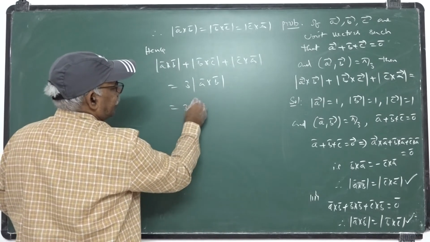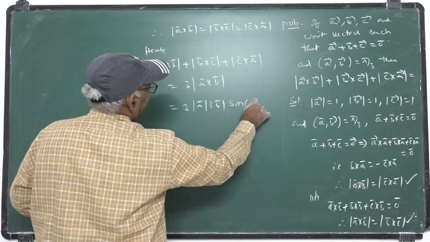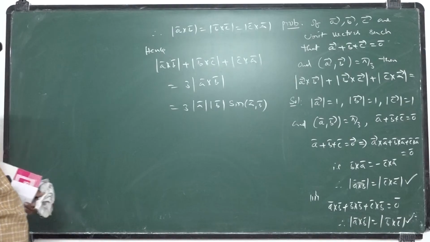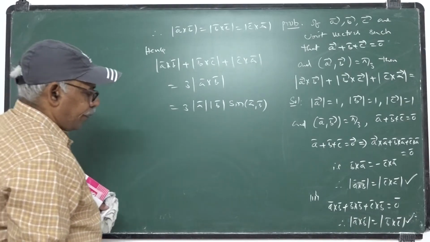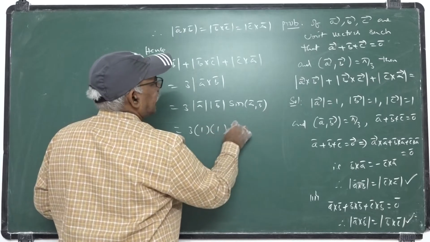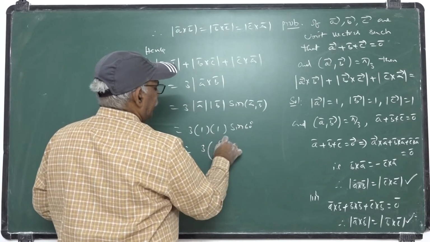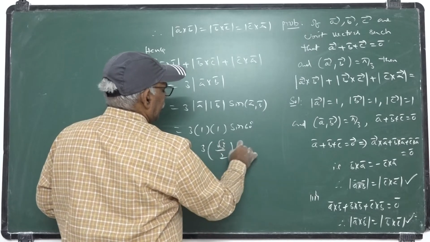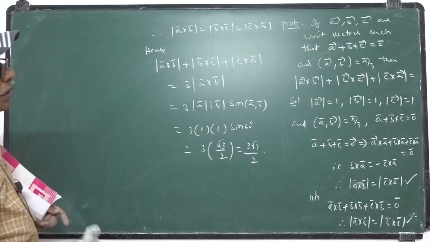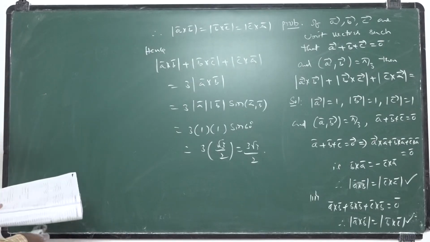By definition of the cross product, you can write it as the sine of the angle between A and B with modulus, there is no unit vector. So, this is 3 into 1 into sine 60, that is 3 into root 3 by 2, which gives us 3 root 3 by 2. The required value is 3 root 3 by 2.